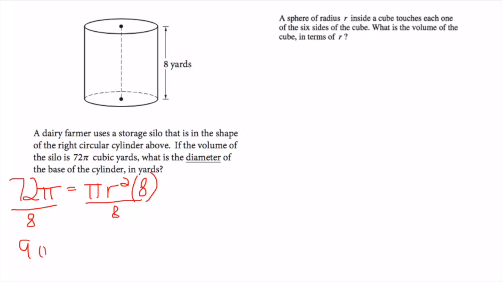This leaves me with 9 pi equals pi r squared. The pi's will cancel each other out, just left with r squared equals 9. This tells me r equals 3.